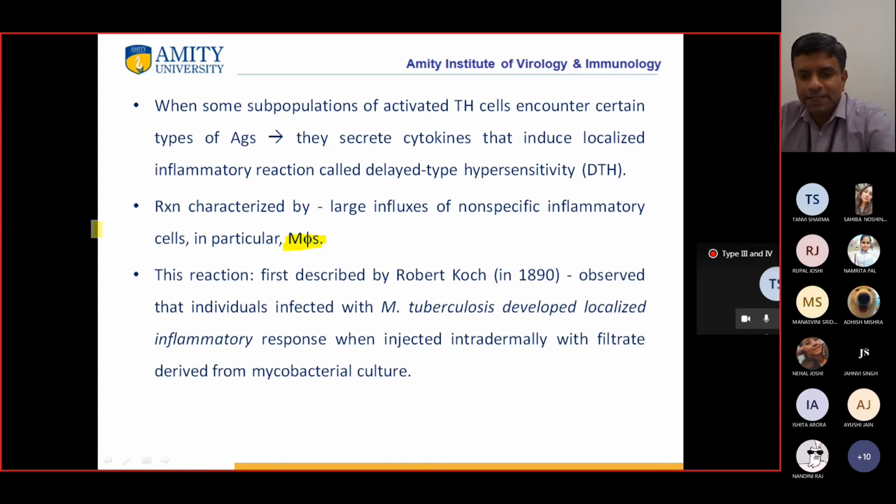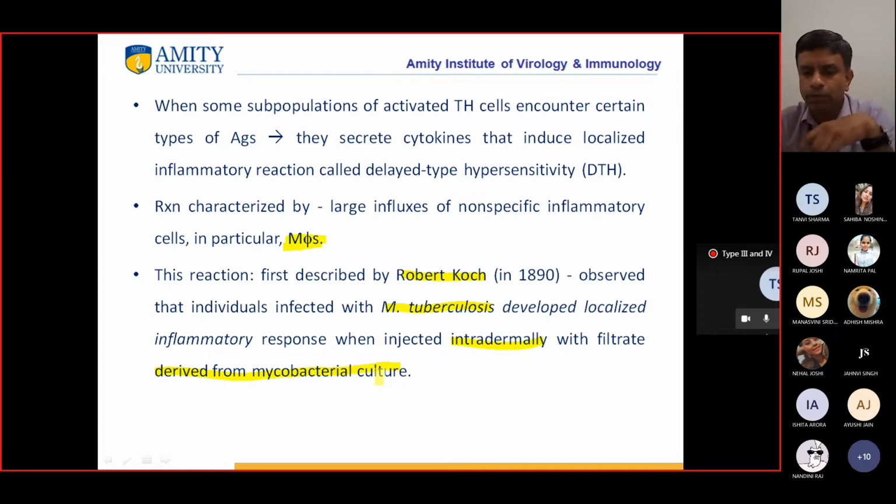Now this reaction was first described by Robert Koch. He observed that individuals infected with Mycobacterium tuberculosis develop a localized inflammatory response when injected intradermally with filtrate derived from Mycobacterium culture. So Robert Koch was doing this experiment.